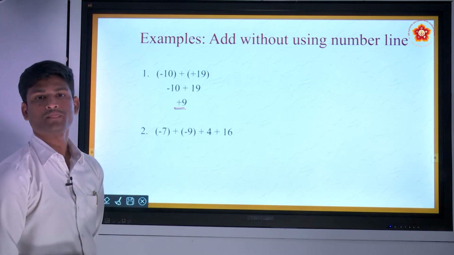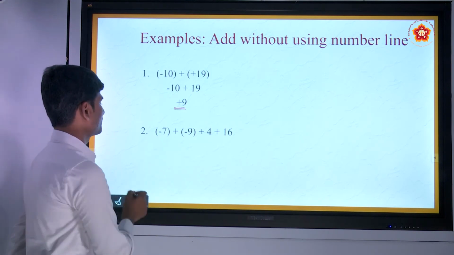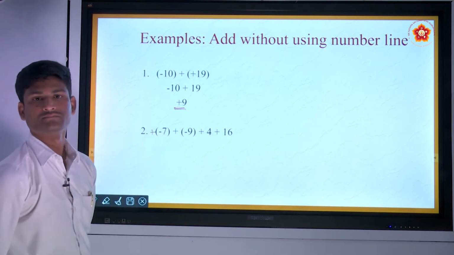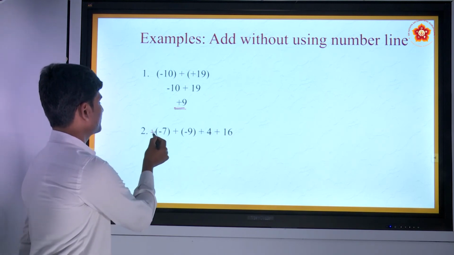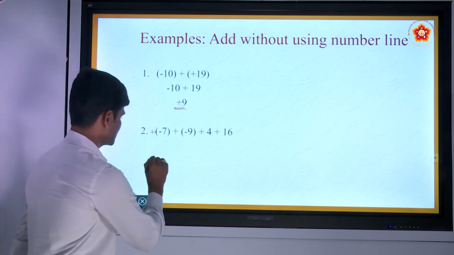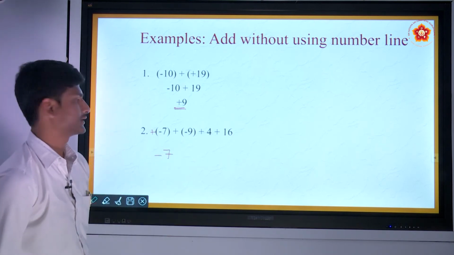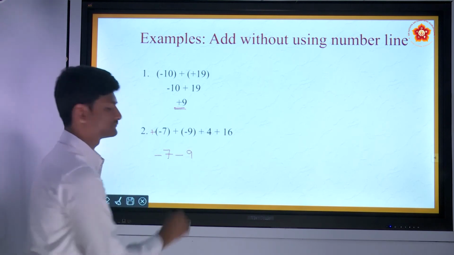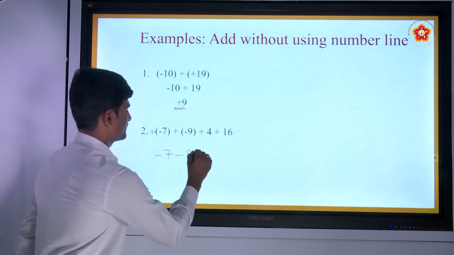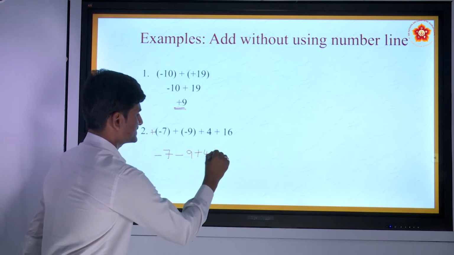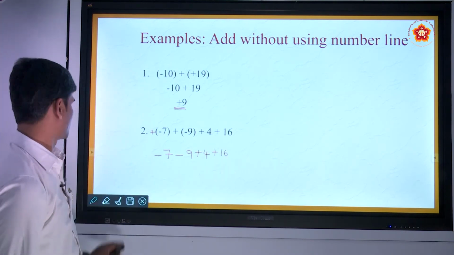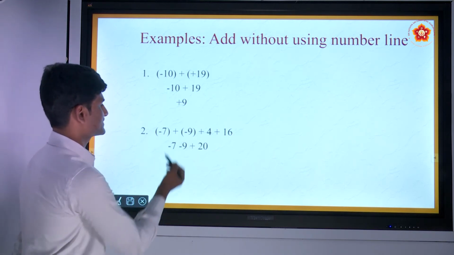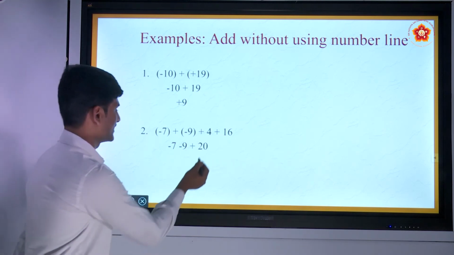First we remove brackets. Plus into minus, no sign, we put positive plus sign, right? Plus into minus, minus 7, right? Plus into minus, minus 9, and then plus 4 plus 16, right? Here 4 plus 16 is 20.